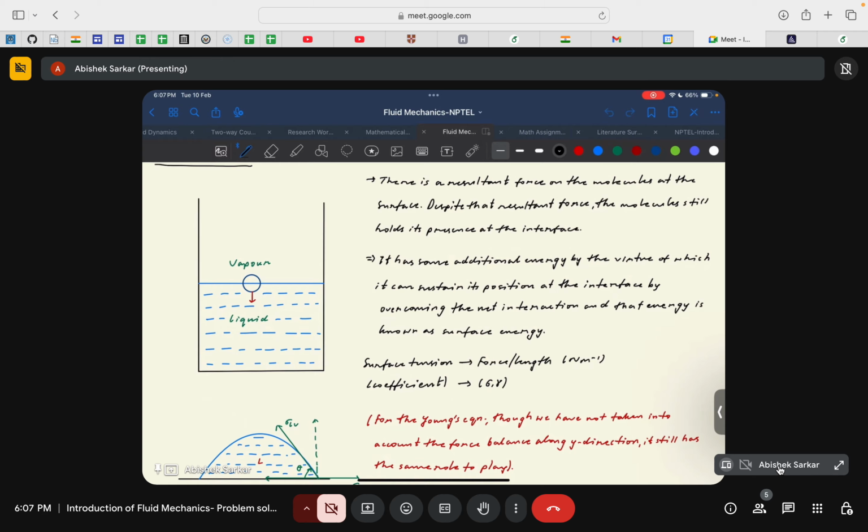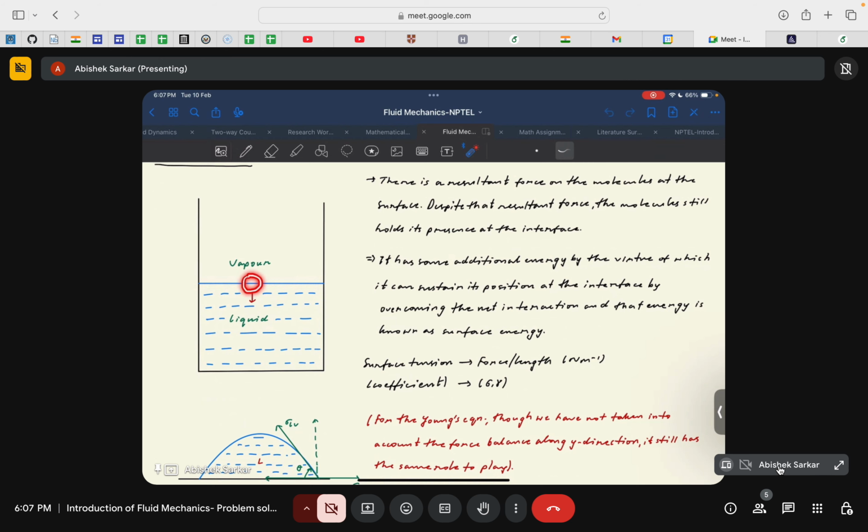Okay, so the implication of surface tension and its utilities can be perceived by understanding the relation between these two types of forces. In this example, in this container a fluid has been kept, and for example this is a particular fluid molecule.